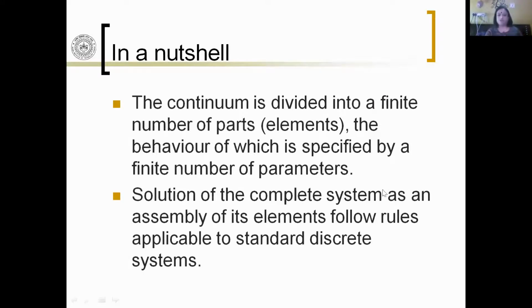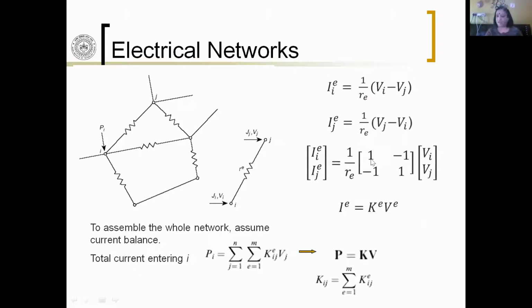So solution of the complete system, sorry, what did I say? The continuum is divided into a number of parts. So I have taken each individual branch, and the behavior of which is specified by a finite number of parameters. Am I not doing that? I am specifying the behavior of branch E in terms of the currents II, IJ and the voltages VI and VJ. So this is my relation, IE is equal to KE VE.